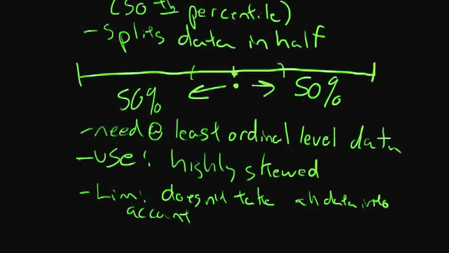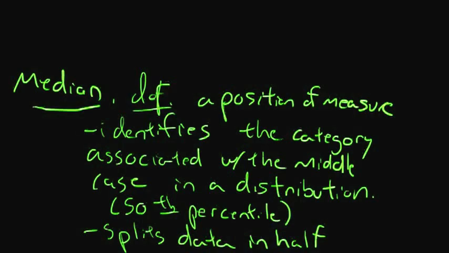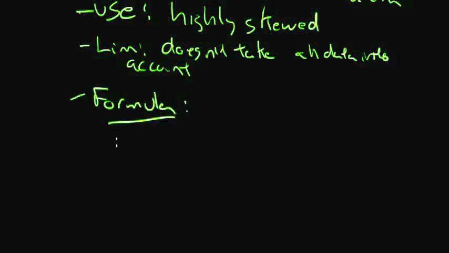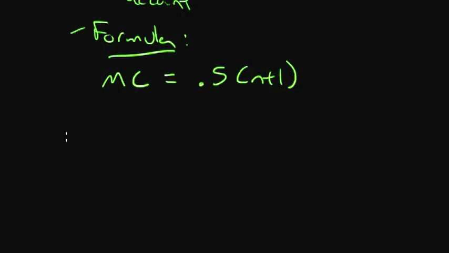So, but let's go ahead and calculate it anyways. So our median is actually determined. We'll use this formula. It's really this MC, which is middle case, equals 0.5 (n + 1). And by the way, one of the very first things we have to do when we calculate a median, it's actually a three-step process. The first step is we array our data.